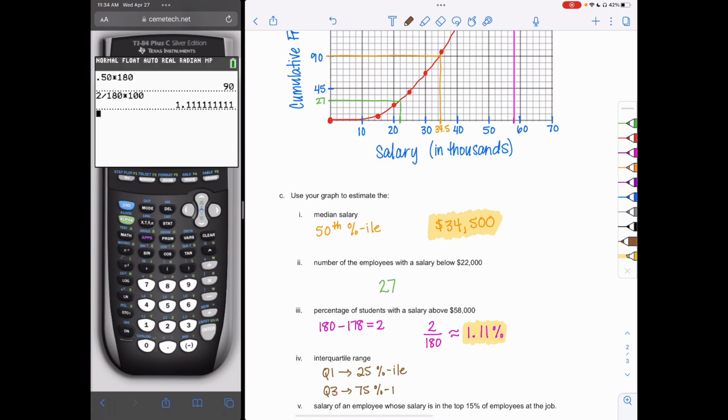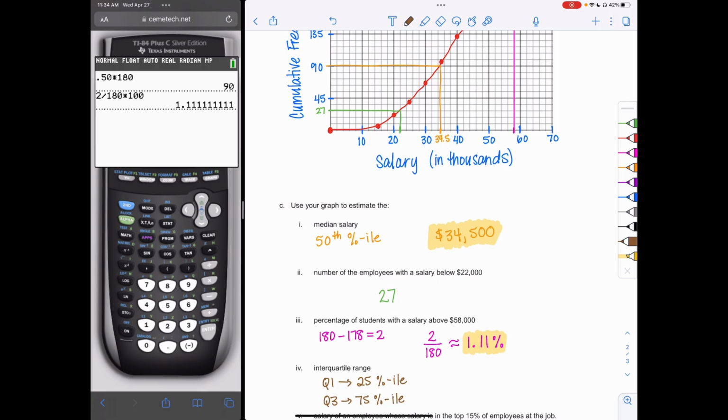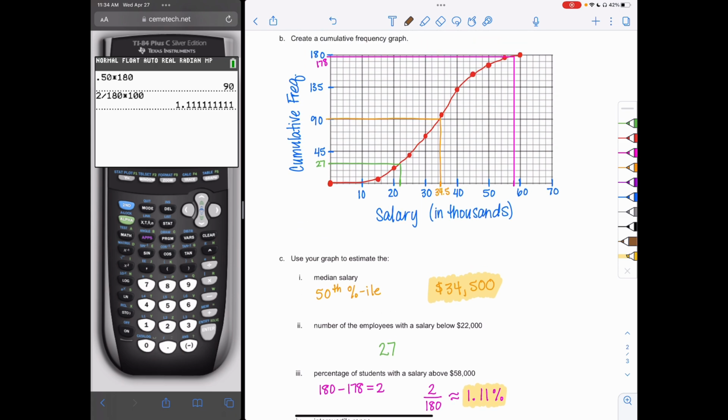So I need to find those values on my y-axis for my cumulative frequency. If I take 180 and I times it by 0.25, that will give me 45. So I need to go where the 45 is, and then I need to go over, and then I need to come down. So this salary here is going to be at 26,000 here.